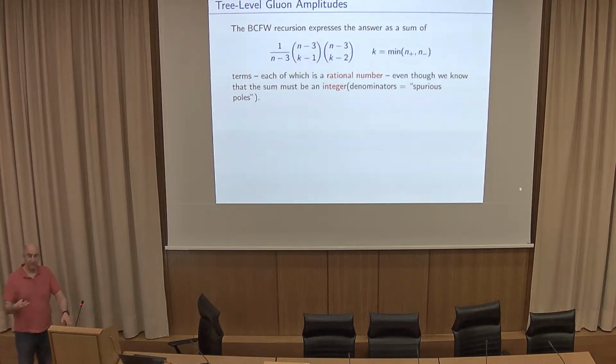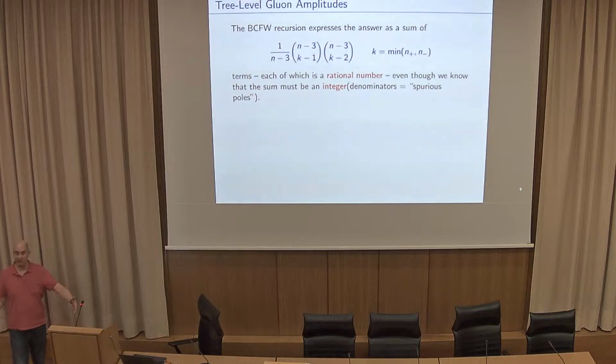Now, one of the most popular modern methods for computing these scattering amplitudes is something called the BCFW recursion relation. And it expresses the answer as a sum of a certain number of terms. Now, interestingly, the BCFW recursion relation won't produce for you something that's manifestly an integer. It's the sum of a bunch of terms.